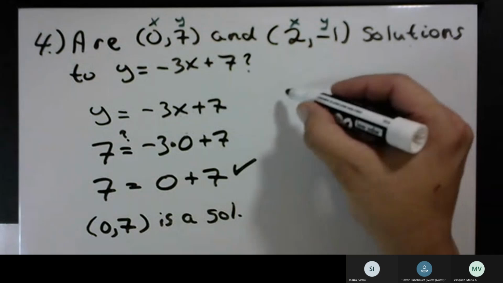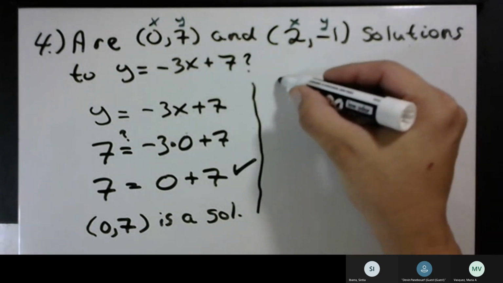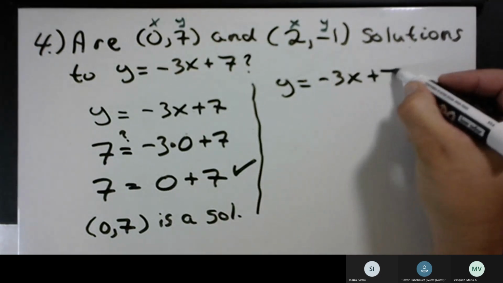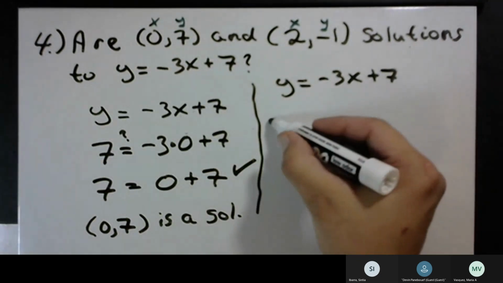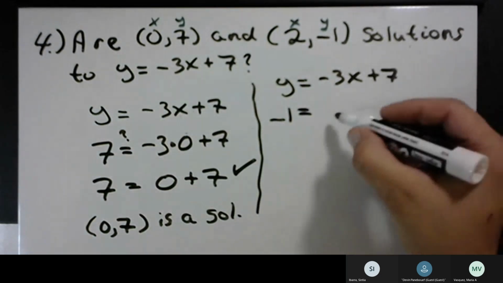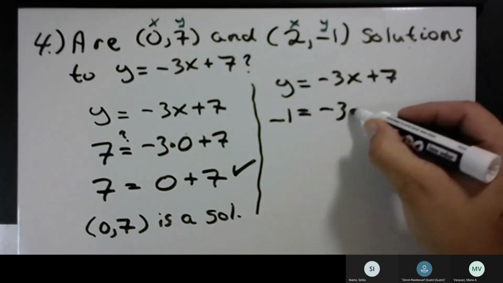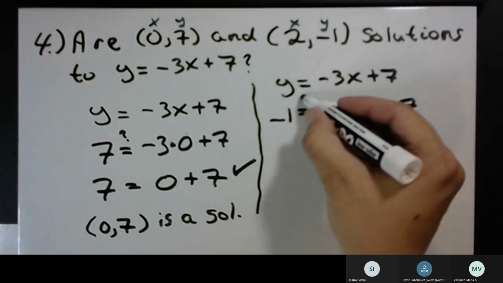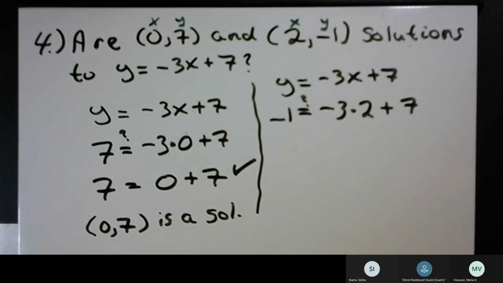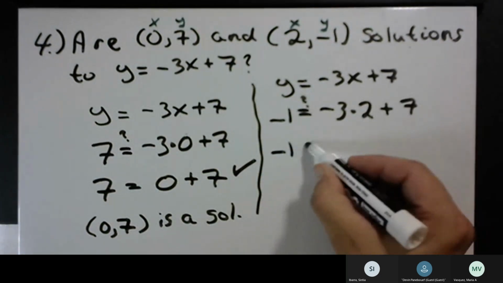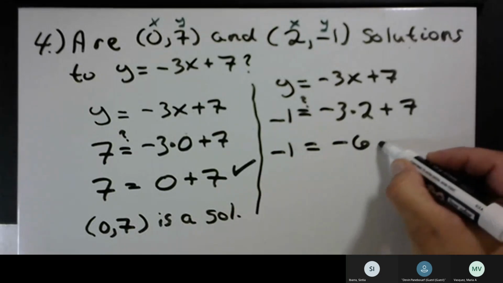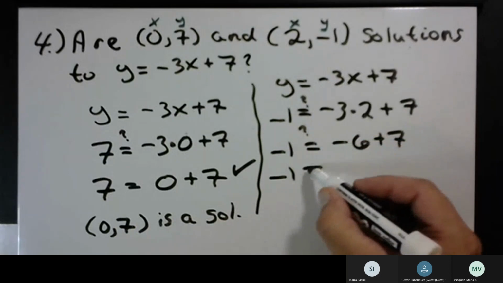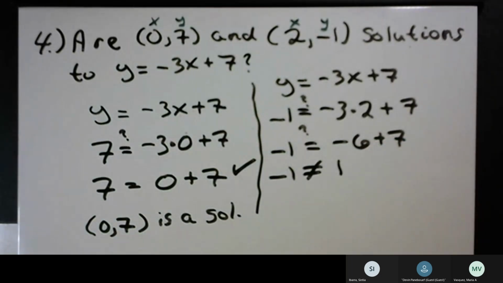Now let's try this other point. So again, we start out with our line. Replace the y with the y number. The x is 2 plus 7. Are these in fact the same? Well, what we find is this will be -6 plus 7, and that's not true, because that's 1.